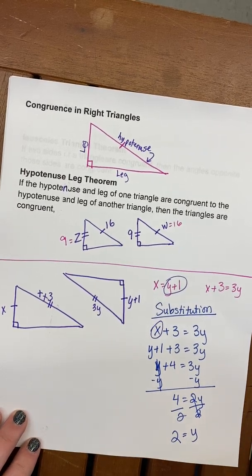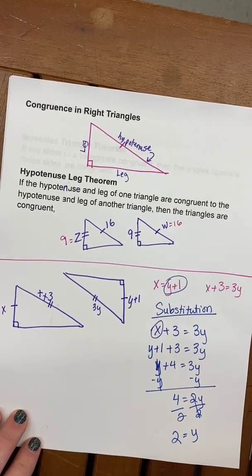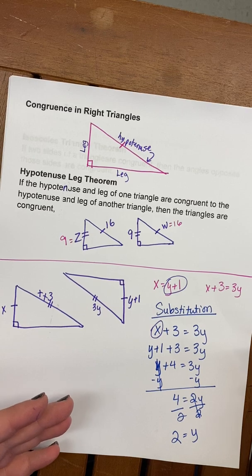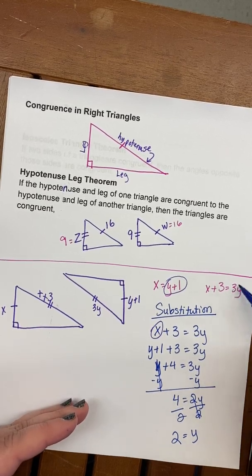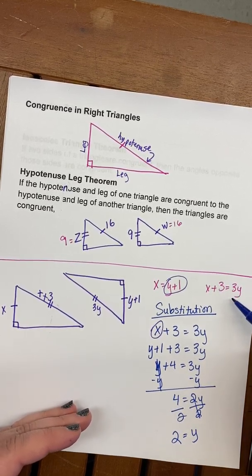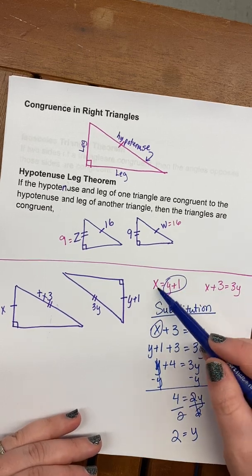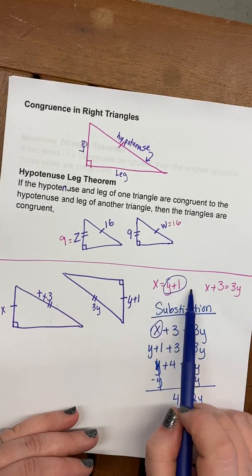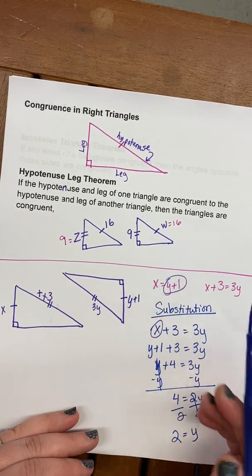All right, so I know what y is equal to. So I can go up here. I still need to know what x is equal to. I could put y in this formula as substitution, or I could put it in this formula. Personally, I like the more simple one, okay?